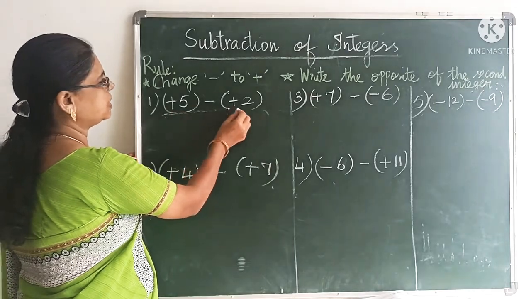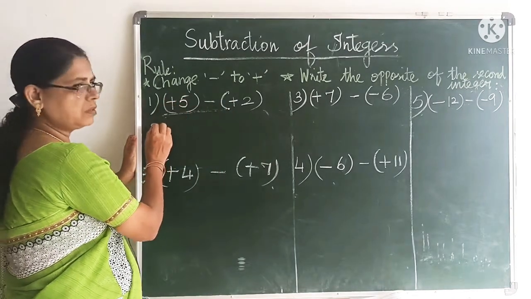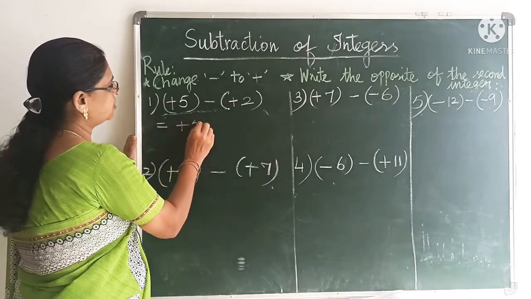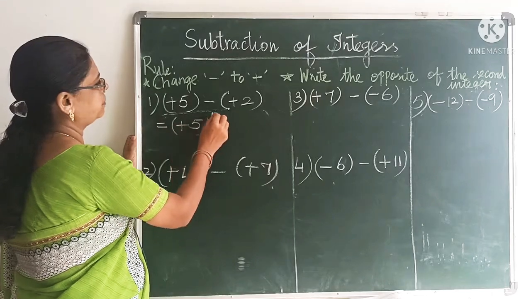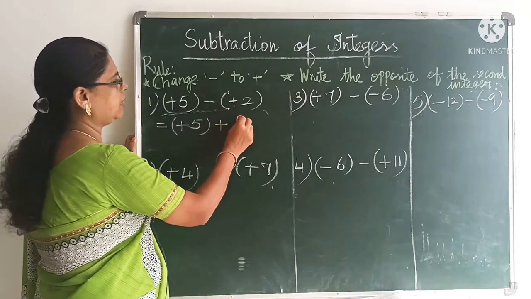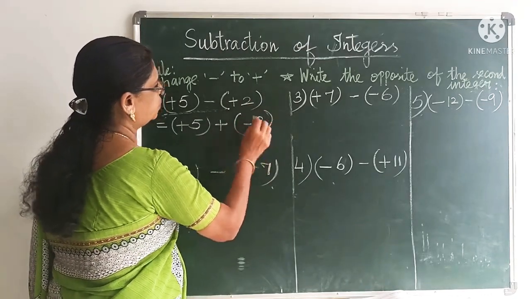Plus 5 minus plus 2. What is the rule? Copy down the first integer as it is. Change minus sign into plus sign. And then the opposite of plus 2 is minus 2.